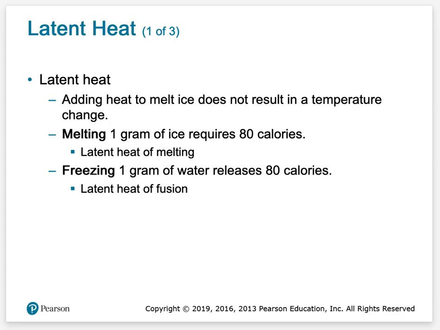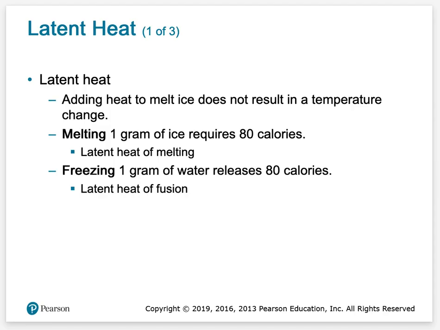And like I mentioned before, latent heat is hidden heat, and here it states that adding heat to melt ice does not result in a temperature change. For example, when the ice in a glass of water melts, the temperature of the mixture remains at a constant 32 degrees Fahrenheit until all the ice has melted in your cup of iced water.